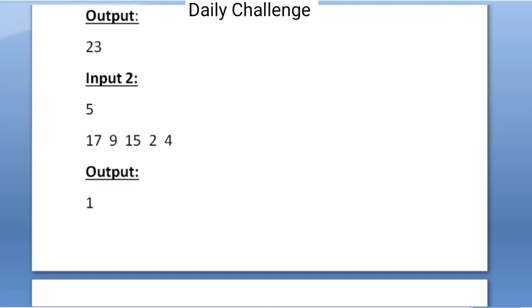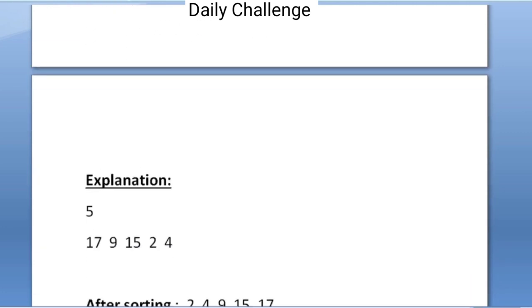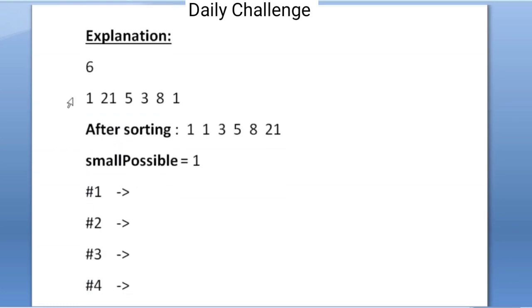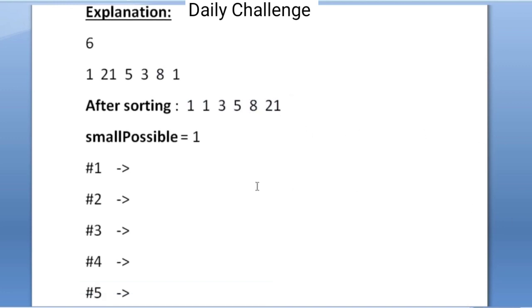Let us also check another input to understand this even more clearly. This is a sample input array with 6 integers, and after sorting, the array becomes like this. Initially the smallest possible is 1. Now we are going to loop through the array. At the first iteration, is the array value less than or equal to the smallest possible value?